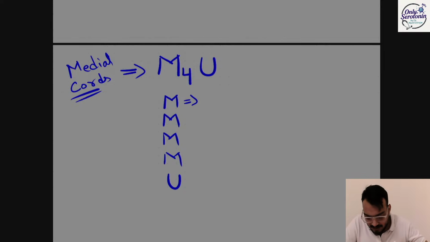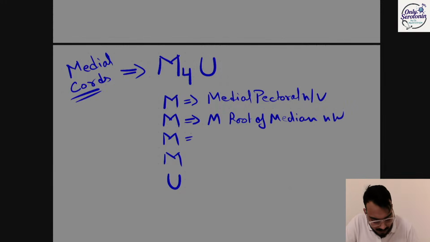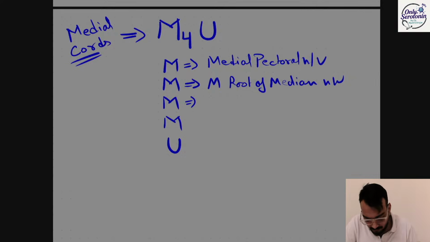First M is what, guys? First M is medial pectoral nerve. Second is what, guys? Second is your medial root of median nerve. Third is what, guys? Third and fourth are for the same, guys.